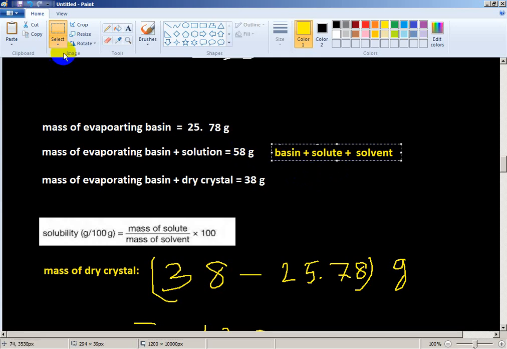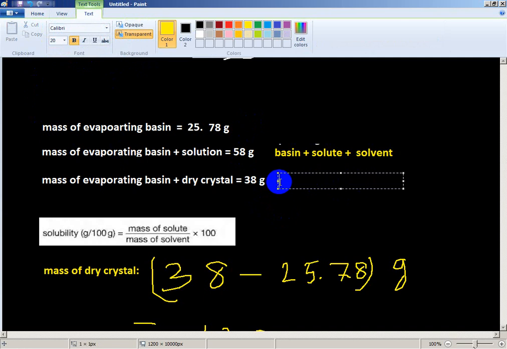Here this mass is basin mass plus solute. So how can I find the mass of solvent?